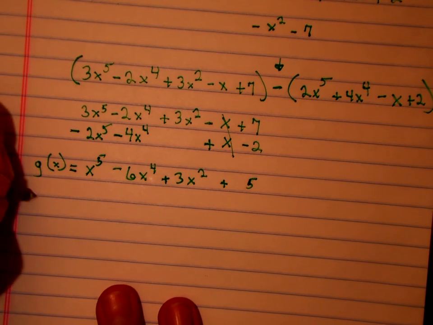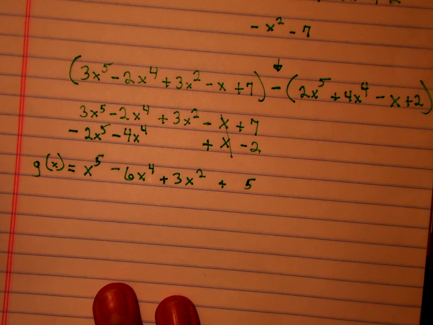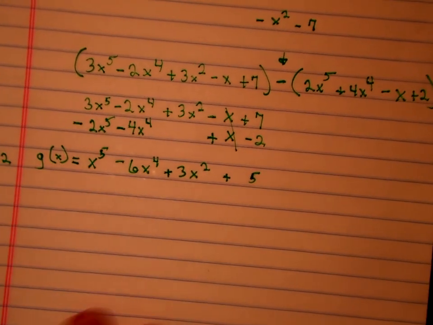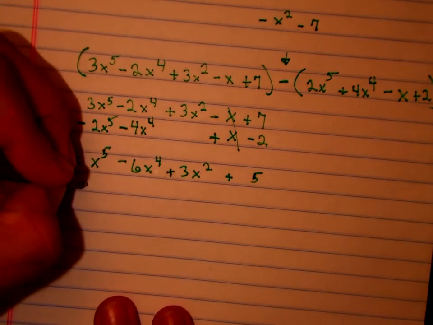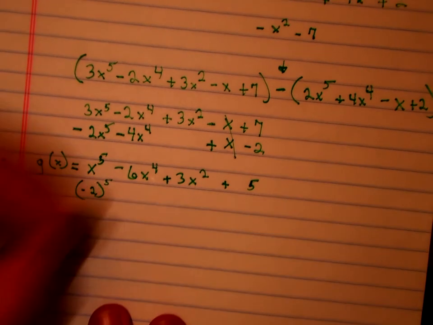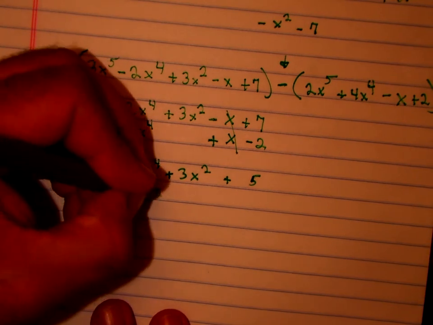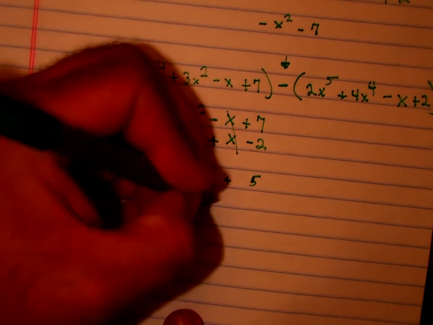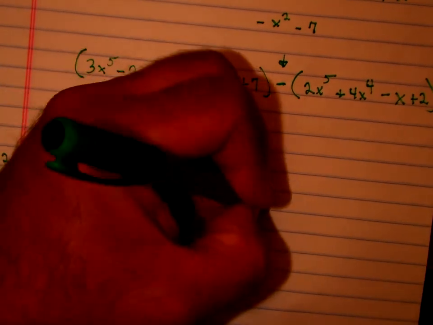And if I were to say, evaluate this where x equals -2, this is when you take out all of your x's, you put in a parentheses with -2 in it. So, for example, you would do this. -2 to the 5th minus 6 times -2 to the 4th plus 3 times -2 squared plus 5.